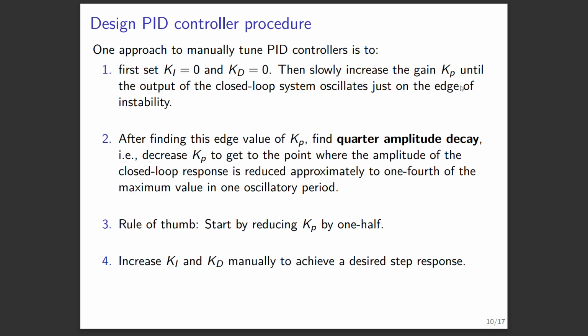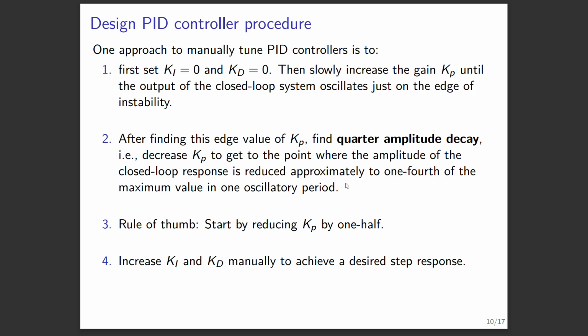When we find that Kp, we decrease our Kp until we get this behavior. The behavior is that in one period of the oscillation of the response, the closed loop response reduces approximately to 1/4 of the maximum value.